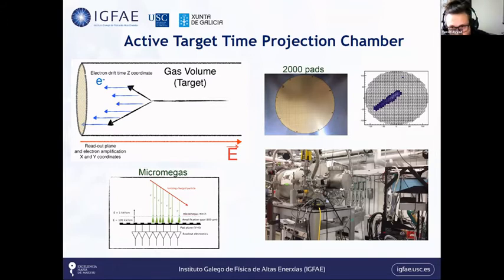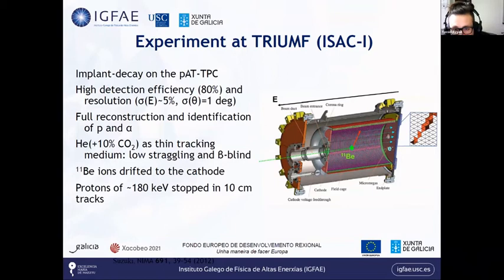It's an active target time projection chamber, meaning that we don't do the reaction, but we observe the particle that we implant decaying into the gas. Okay, so we did the experiment at TRIUMF. We implanted beryllium-11, and the TPC itself gives a lot of efficiency, and we can reconstruct protons and other particles coming from other decaying channels, as I will explain.